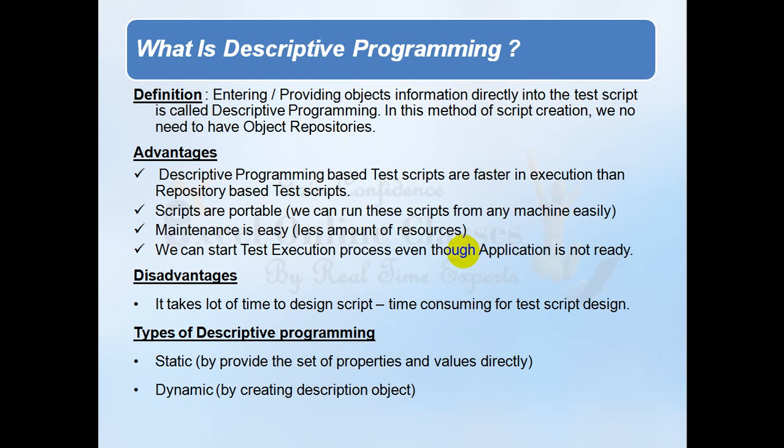So descriptive programming is nothing but providing the object information directly into the script. We will see how it works practically. Before that, we have two types of descriptive programming: static descriptive programming and dynamic descriptive programming.